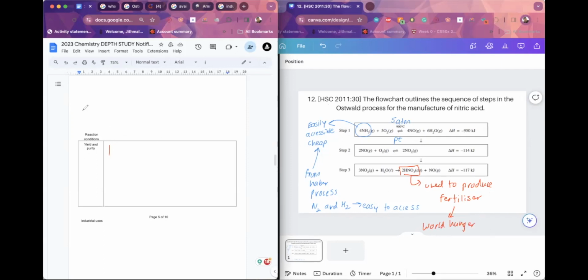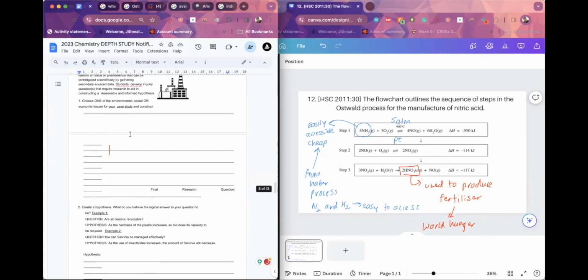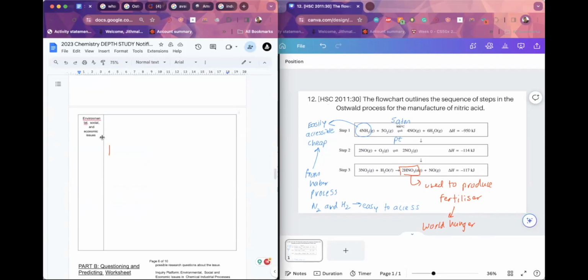The increase in the availability of HNO3 would mean that more fertilizer can generally be produced.